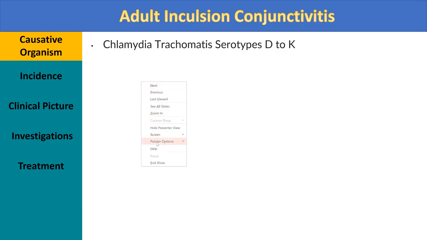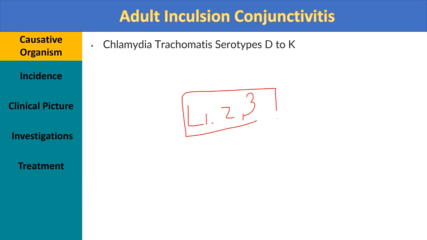The third group of serotypes of Chlamydia, let me mention it also to you, maybe you'll be asked about it, is L1, 2, and 3, which causes non-ocular disease. It's called lymphogranuloma venereum. Lymphogranuloma venereum is a disease caused by Chlamydia trachomatis serotypes L1, 2, and 3.